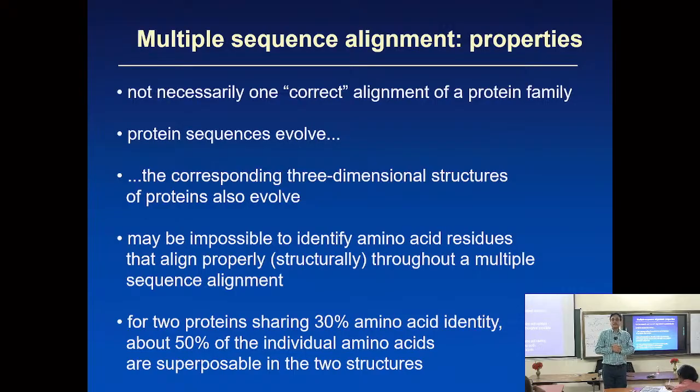Okay. 30% sequence identity, 50% structure identity would indicate that structures evolve slower than sequences, right? So this is the conclusion that you will draw.